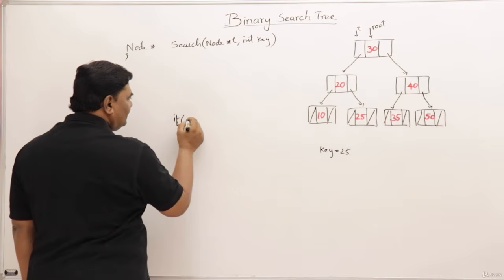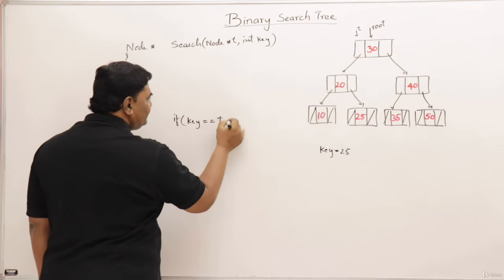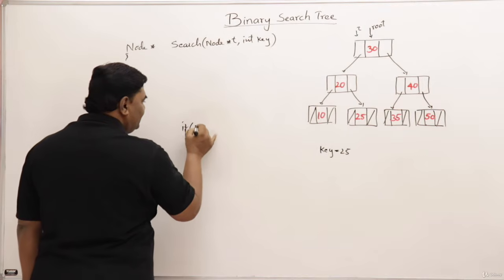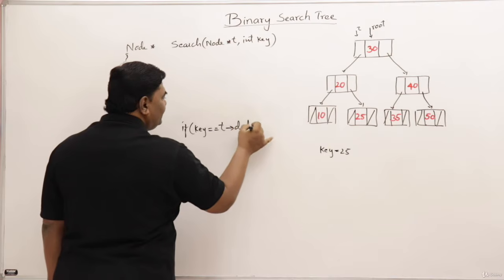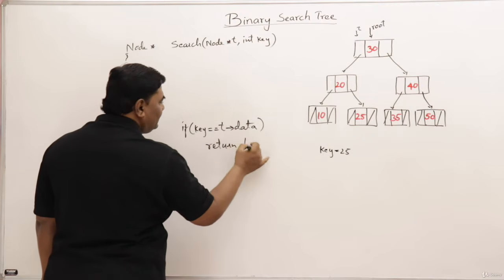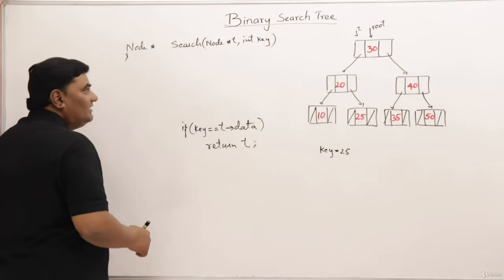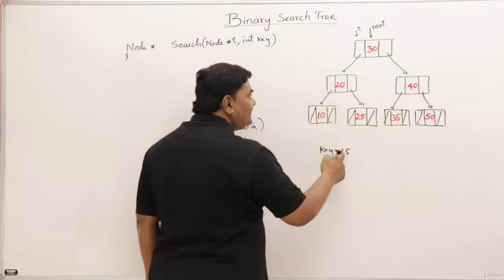If key is equal to t's data, it means the data is found, so return t. If it is not matching, check if it is less.